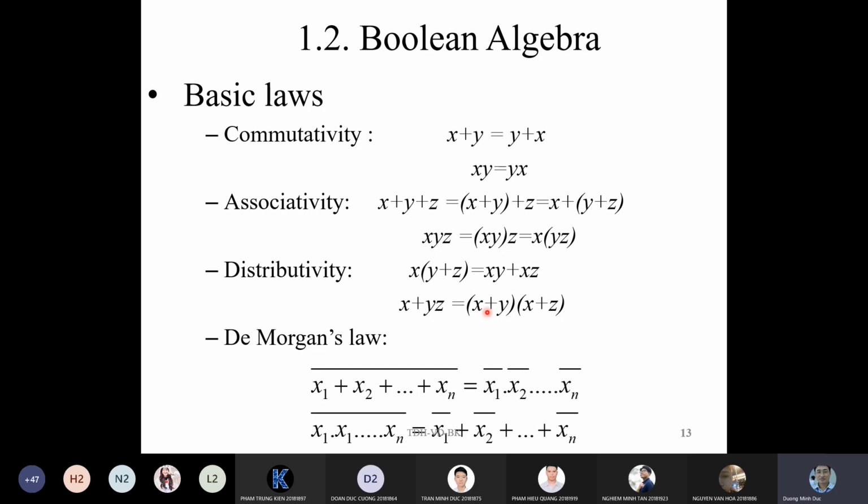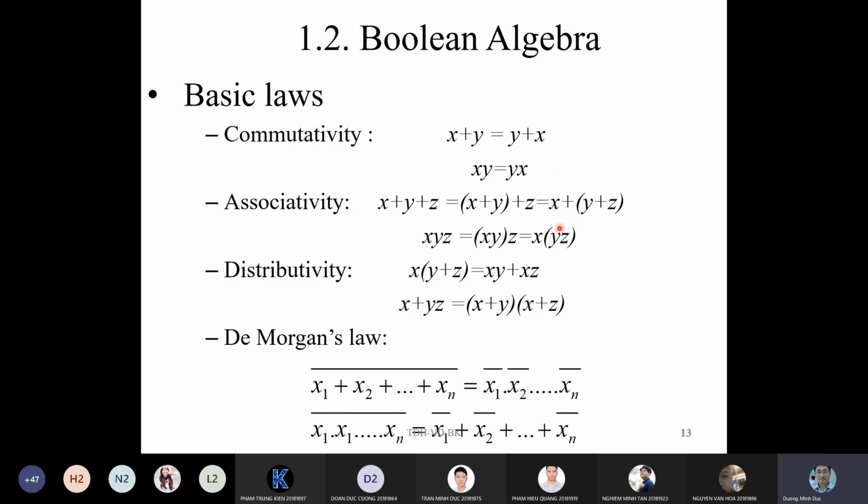The second law is the associativity. Okay. So like x plus y plus z equals, we first make the disjunction of the first 2 variables, and the result of this disjunction is also a logical variable, and then we make the disjunction again between this result and this, okay, and the result is the same.